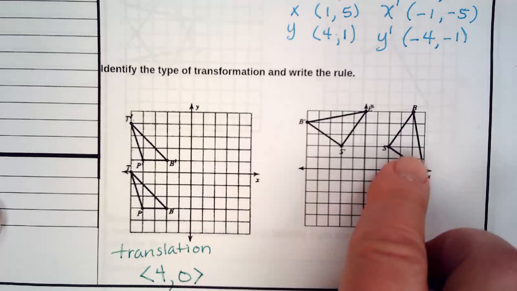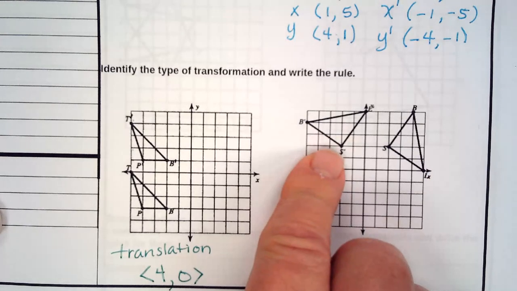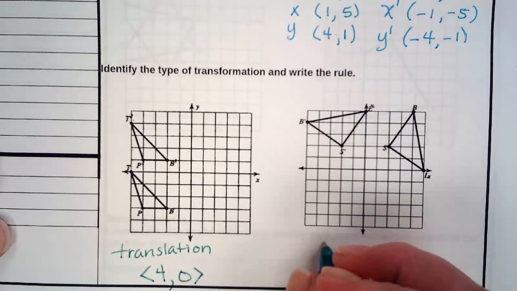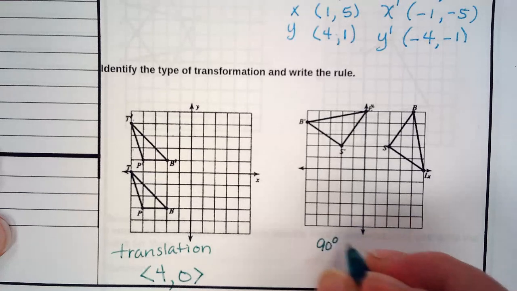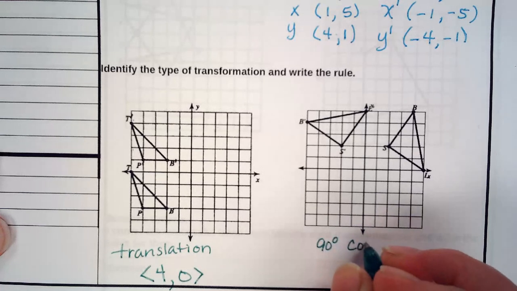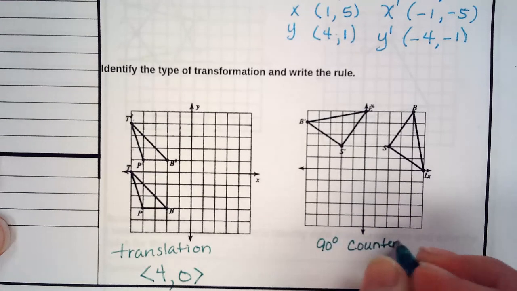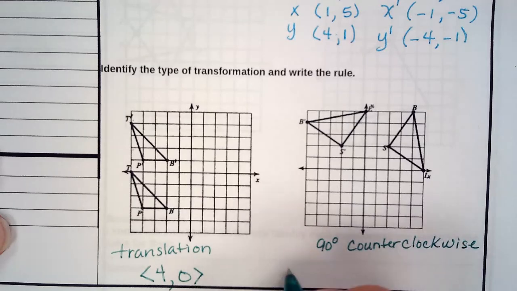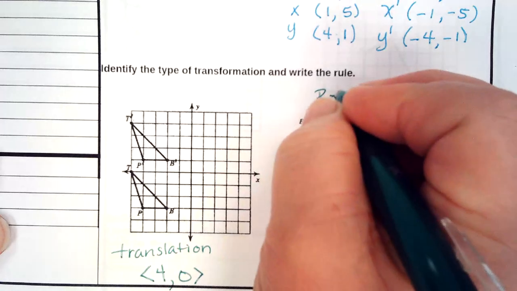We notice it's gone from quadrant 1 to quadrant 2, which means that would be a 90 degrees counterclockwise rotation.